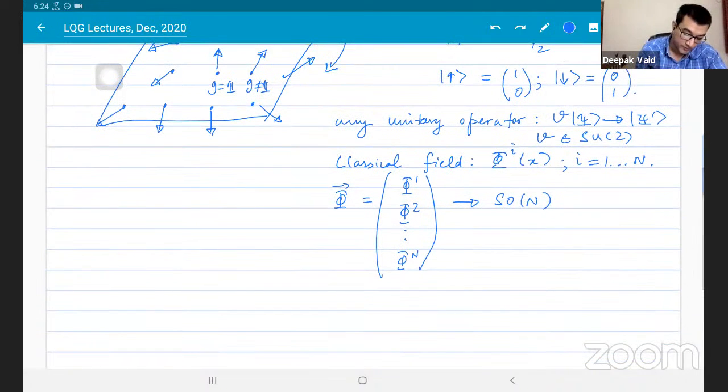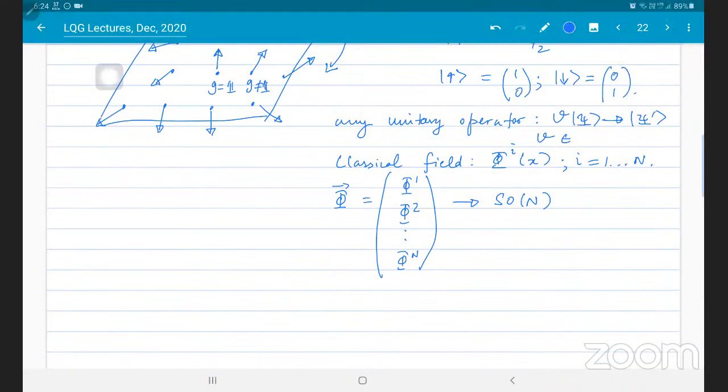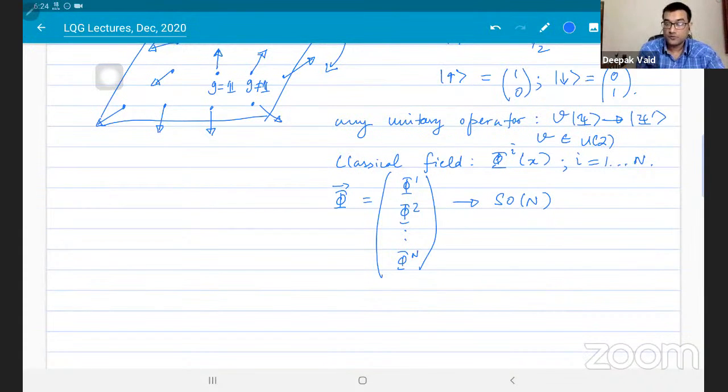In general, it should be U2. But if you want to talk about something related to spacetime, then you will have SU2, because for spatial vectors, or a spatial triad, you will map that to SU2 spinors.